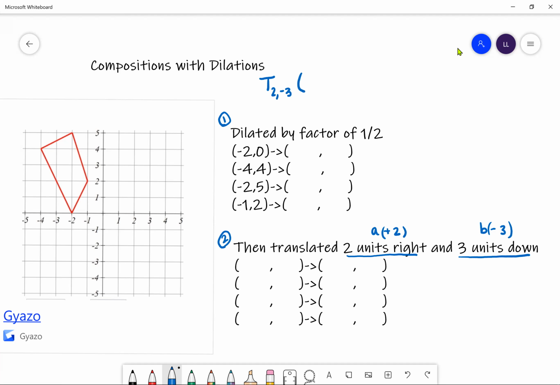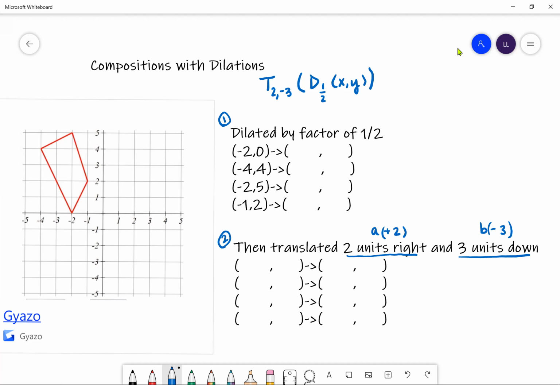And then we're going to use parentheses here. So this is the operation. Remember, we talked about that before. This is the operation, and I'm going to perform this operation on the dilation. So the dilation was a dilation of 1/2. And we're going to do that to the original points, the pre-image.